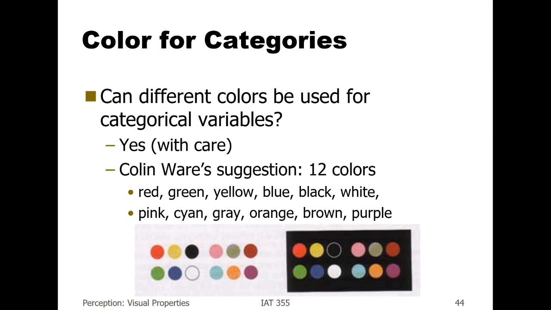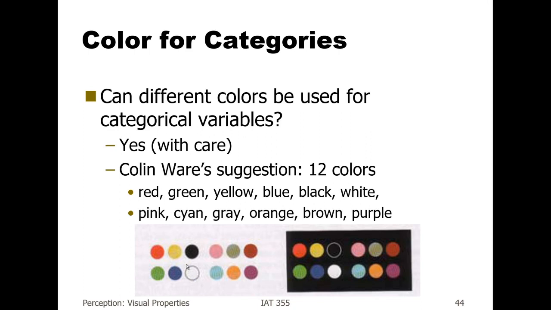Well, Colin Ware came up with a suggestion, and that is to use 12 colors. This is based on a series of experiments he did in the 1990s. What he discovered was that there are about 12 colors that you can reliably name and use as category colors. And they are red, green, yellow, blue, black, and white.